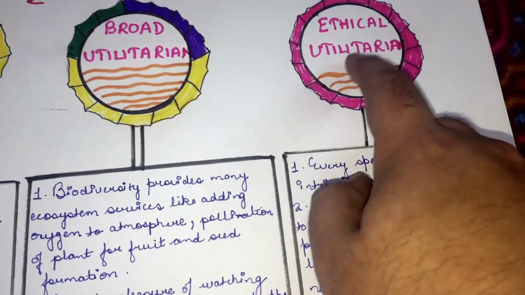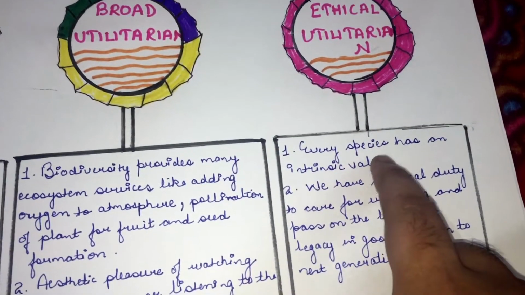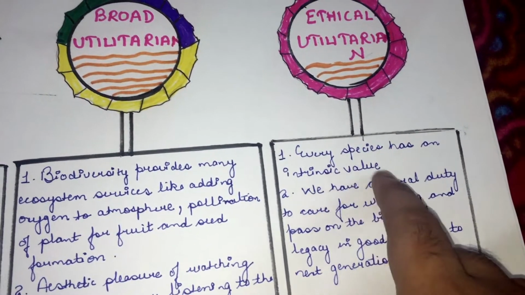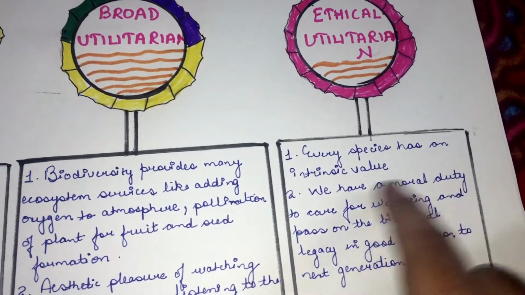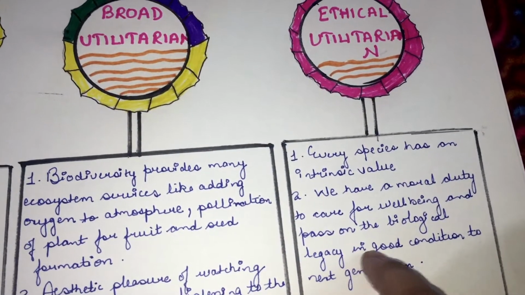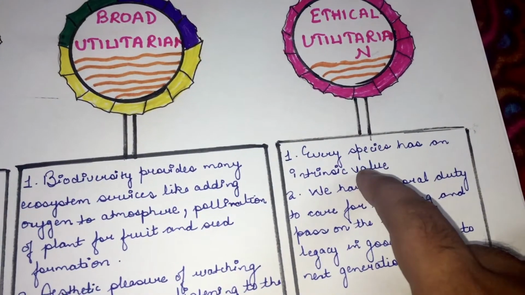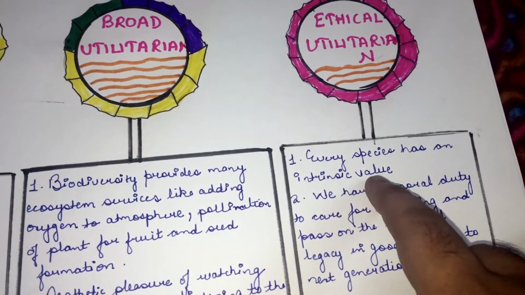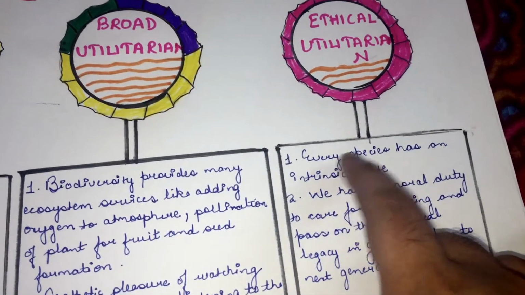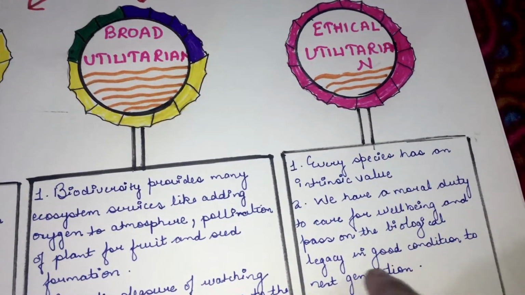Number three comes the ethical utilitarian. Under ethical utilitarian, we have to say that every species has an intrinsic value. So every species of nature has a value. It is our moral duty to take care of the well-being and pass on the biological legacy in good condition to the next generation. Since every species has its own intrinsic value, it is a duty to take care of the well-being of every species and to pass this biological legacy to the next generation.